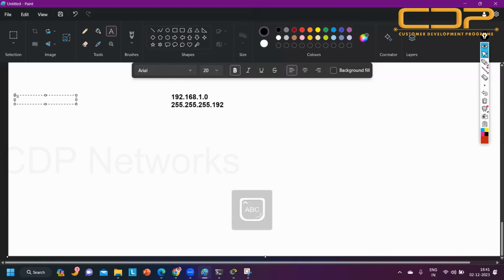First of all, tell me the number of networks. 4, because 2 to the power n, where n is the borrowed bits. How many bits have I borrowed? 2 bits, so the number of networks will be 4. Valid hosts per network is 2 to the power h, where h is the number of host bits.